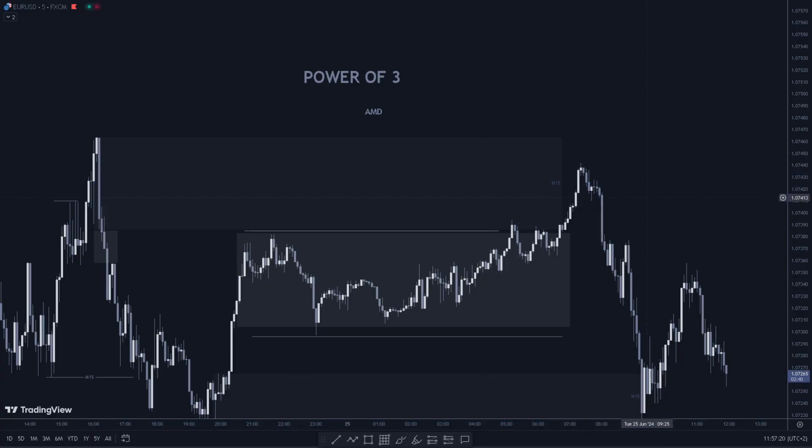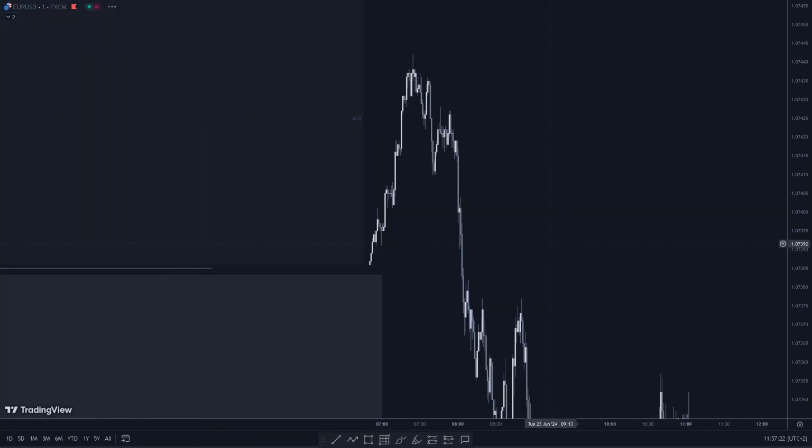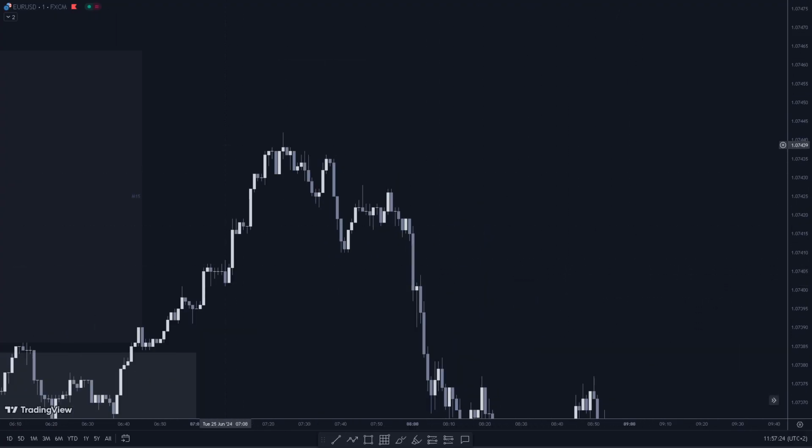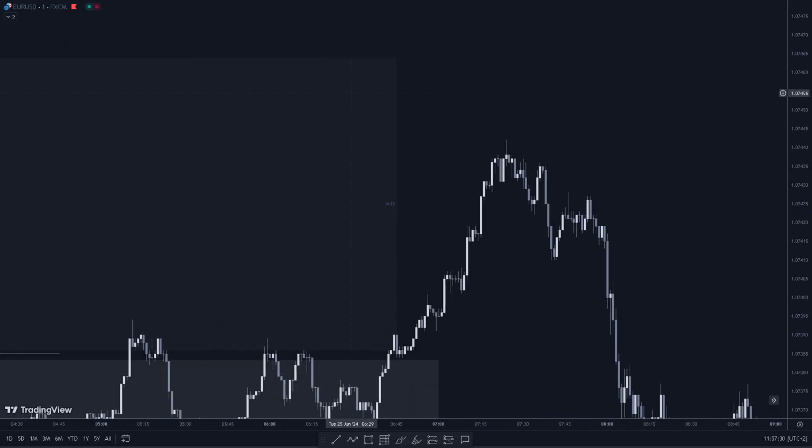If we want to be like snipers, then we go on 1 minute, we wait for that change of character, break of structure to the downside from this POI. Okay, we have this manipulation starting at 7 a.m., it's like Frankfurt right here.